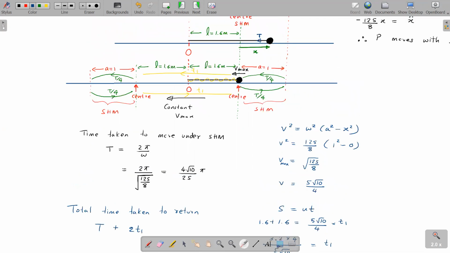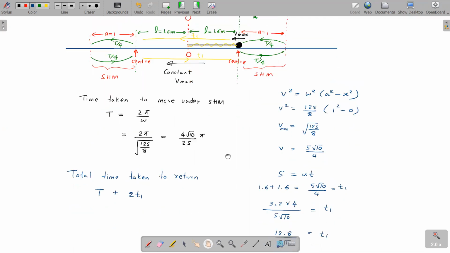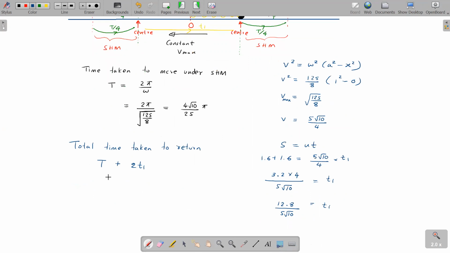This T1 time we found to move this distance. So periodic time is 4 root 10 over 25 pi plus 2 times T1, which is 12.8 over 5 root 10. Are you with me?